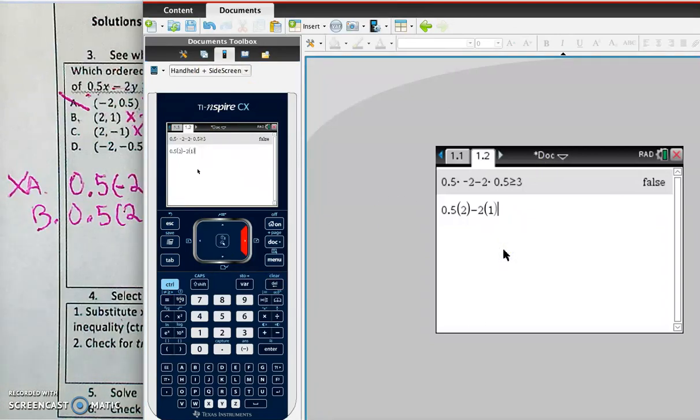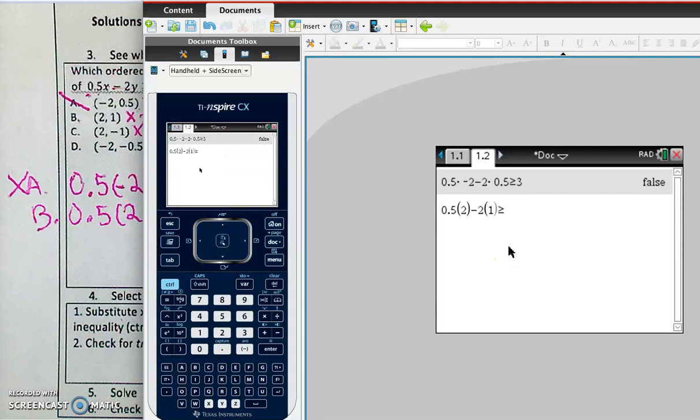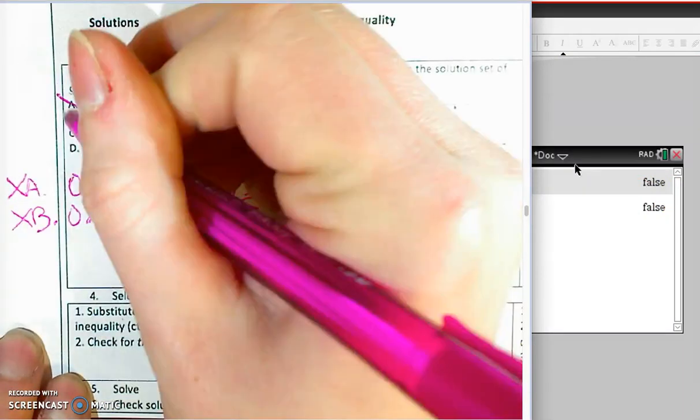Again, you have to make sure it looks exactly like the equation that you wrote down. And again, we get false, so answer choice B is not correct.